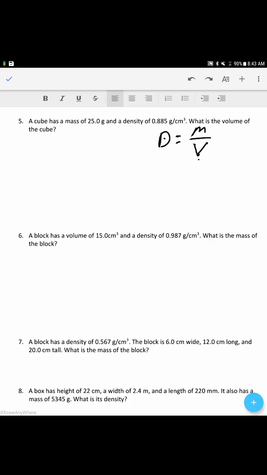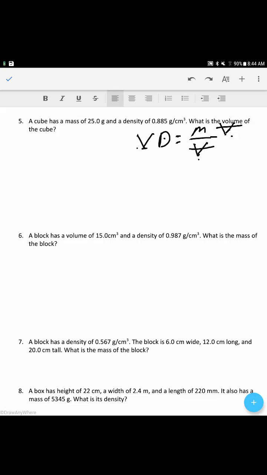So first, since V is on the bottom, we are going to multiply by V, which is the same as putting it on the top, on both sides, because whatever we do to one side, we have to do to the other. Now this V, since it's on top, is going to cancel out with this V on the bottom, and we're left with this V over here. Now, V is still not by itself, right?